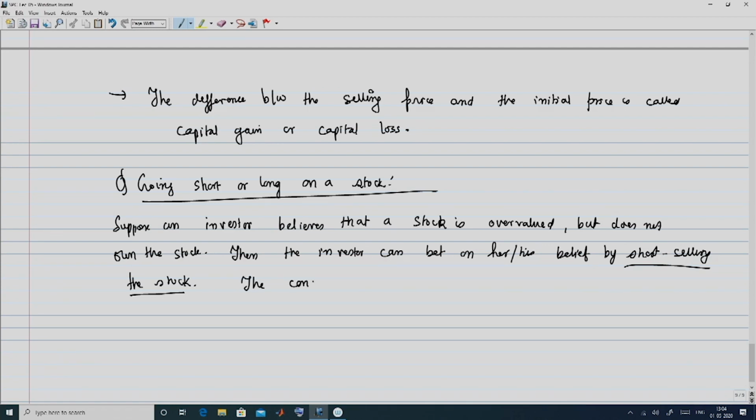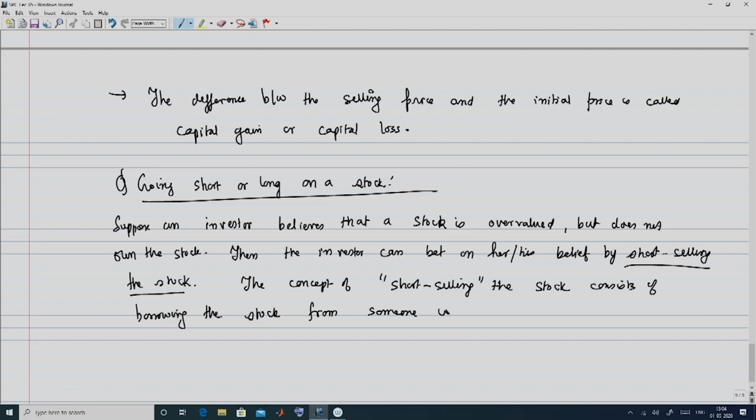The concept of short selling the stock consists of borrowing the stock from someone who owns it and then selling it.